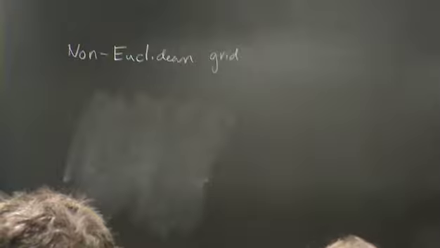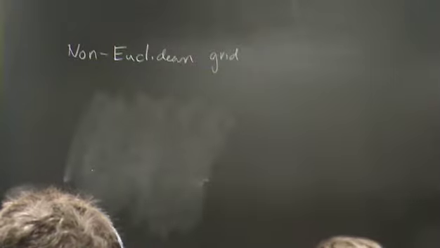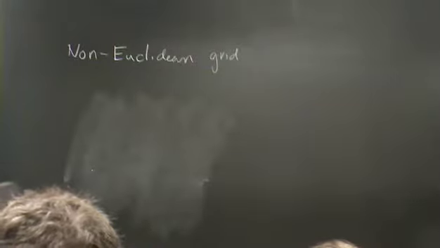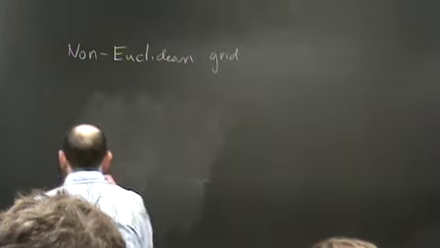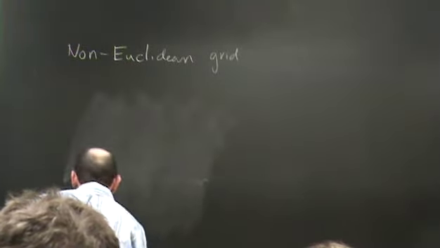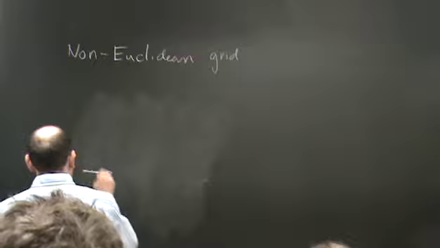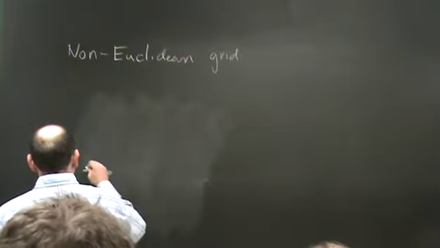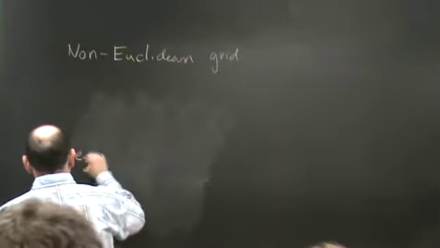Oh my God, it's like hopscotch. So we have these original vectors, E1 and E2.